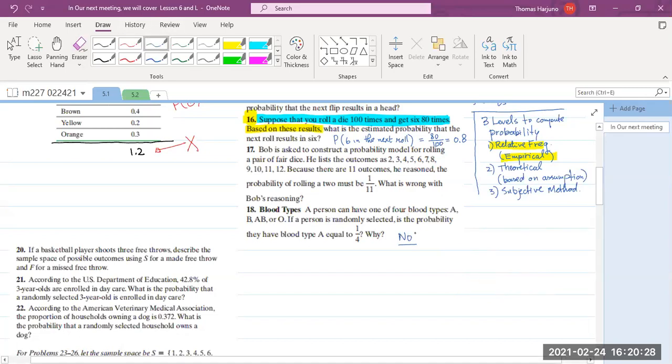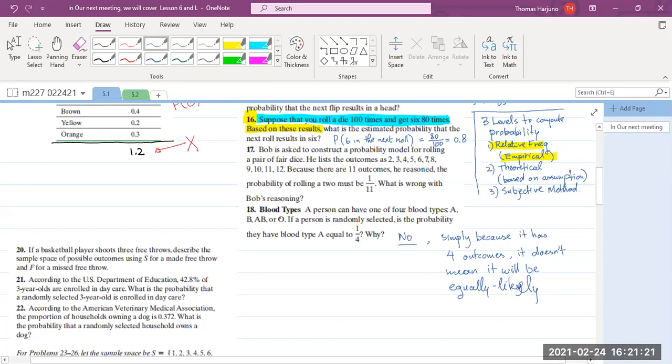Let me say that explanation: simply because it has four outcomes, it doesn't mean each one of them has the same probability.